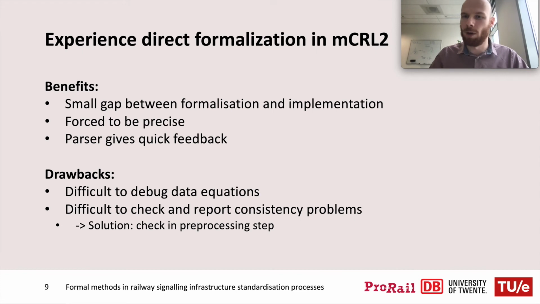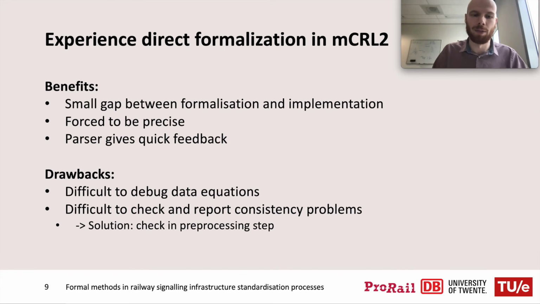It also has some drawbacks, this way of working. It can be difficult to debug data equations. So if you define an operation that filters the transitions, checks whether they are enabled, and it is technically correct in the sense that the parser doesn't give any error, but it simply doesn't do what you want. It also includes transitions that are not enabled.